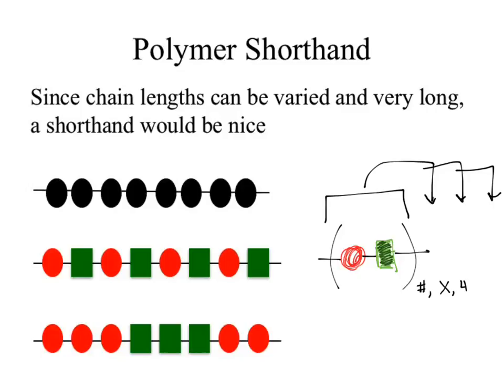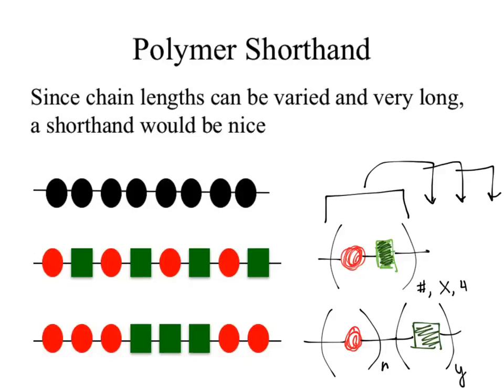And since you guys got the easy one, I guess I'll give you the hard one. So in the block copolymer, we don't know how many times it's repeating out through that. So we'll just say it runs some amount of times.